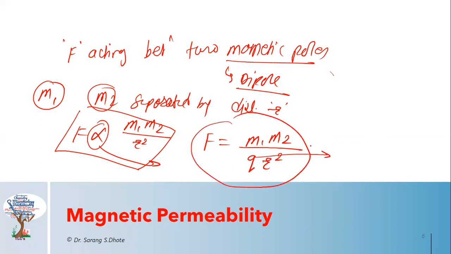This Q is the proportionality constant, which is known as magnetic permeability.